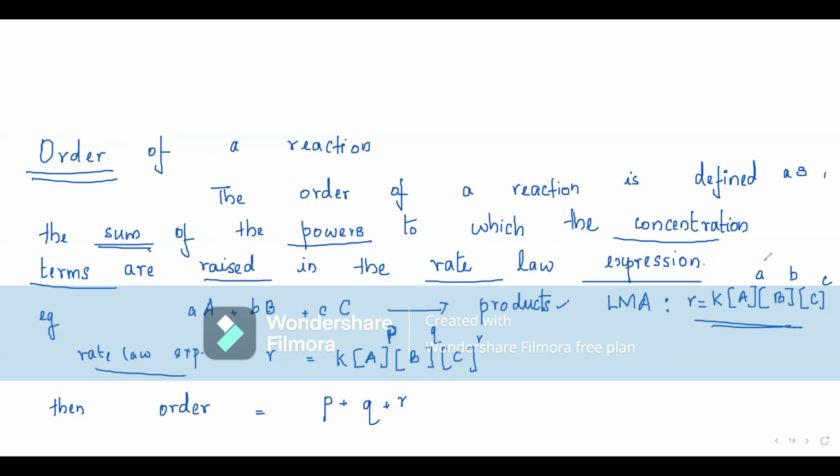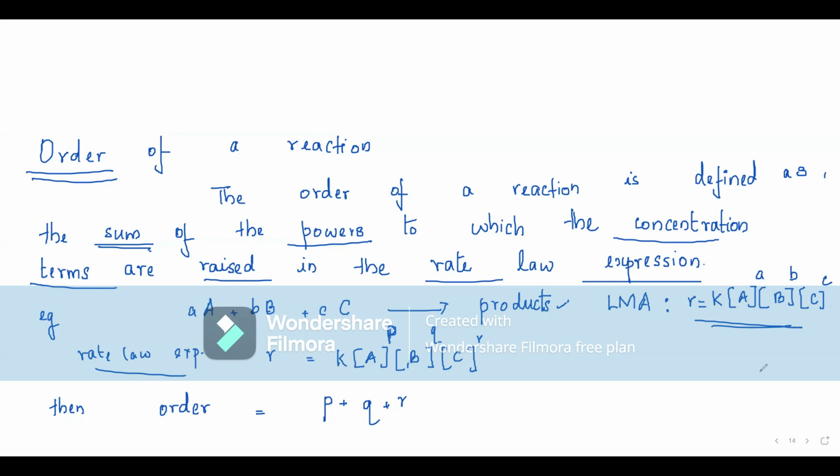p need not be equal to a, but p can also be equal to a. So I hope you are understanding the difference. p can be the same as a, p need not be the same as a. So [A] to the power of p, [B] to the power of q, [C] to the power of r. If you compare this with the previous example, you will understand this.